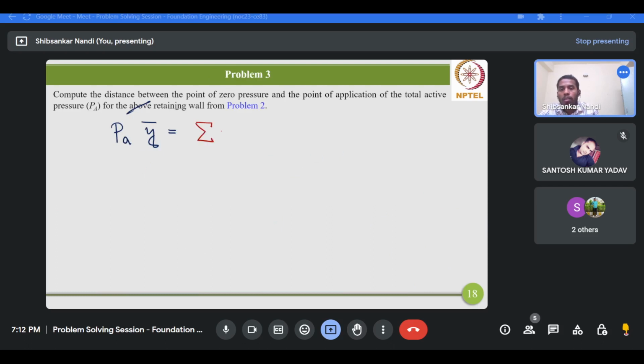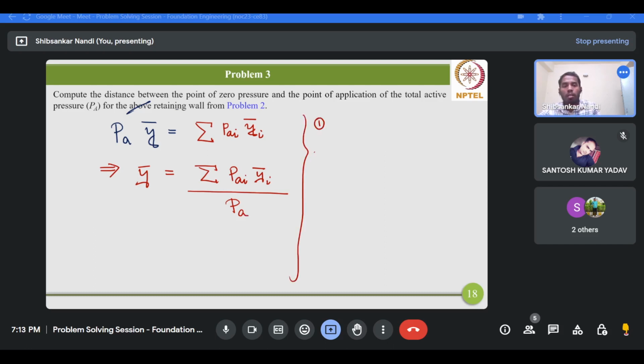Then you will get small PAi into Yi bar. Therefore, this Y bar should be the summation of PAi Yi bar divided by the total PA. Now we'll calculate one by one, 1, 2, 3, 4.